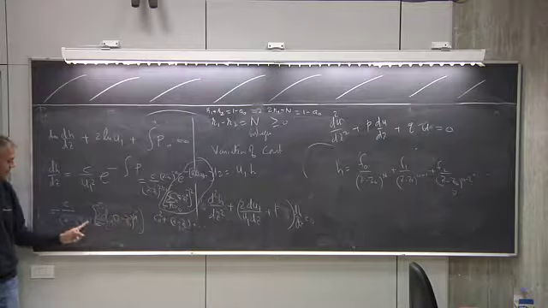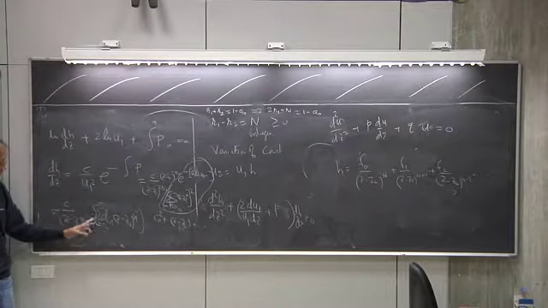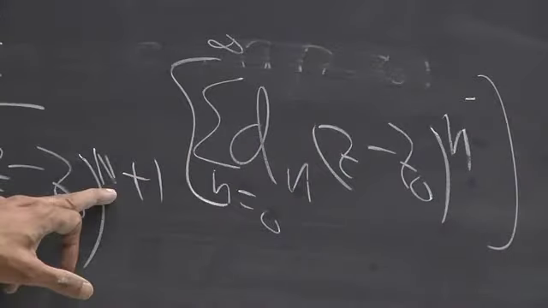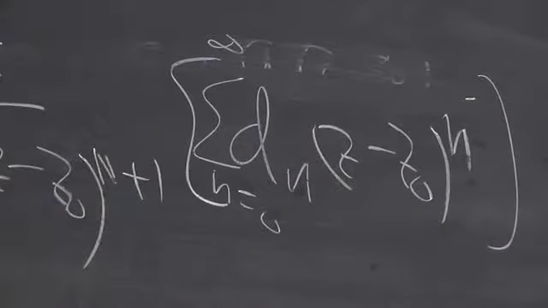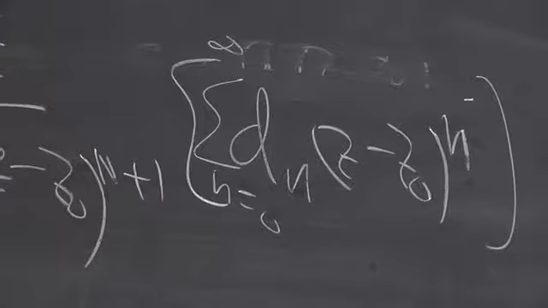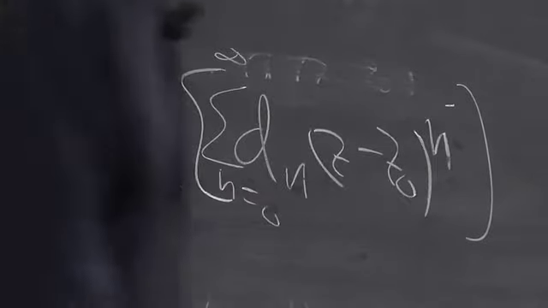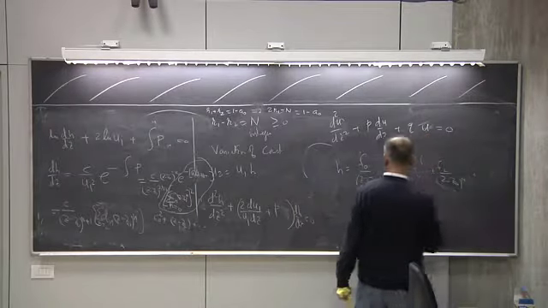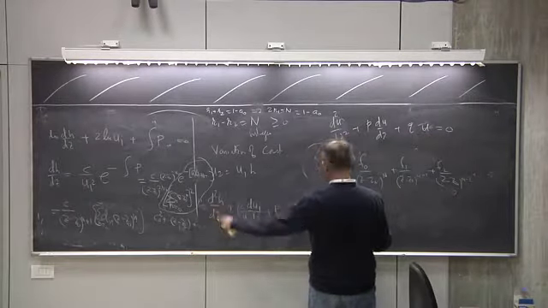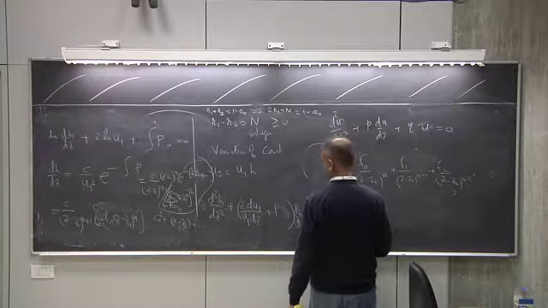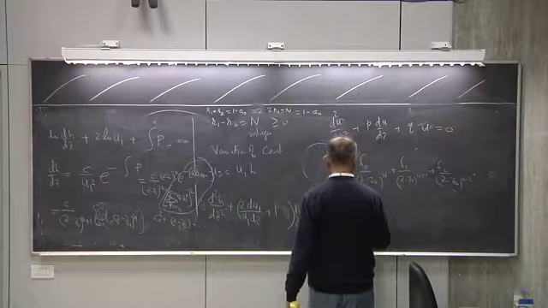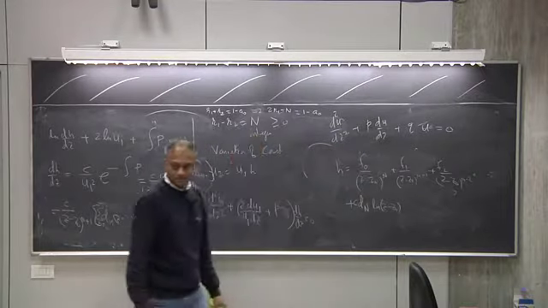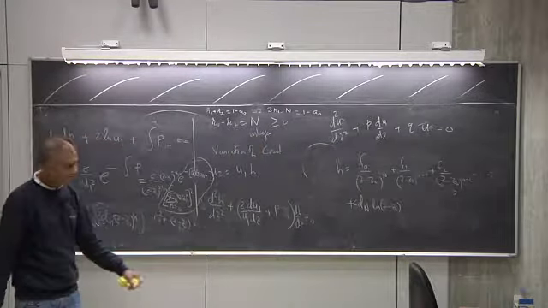In that case, Z minus Z0 to the capital N cancels with these powers, and you're left with 1 over Z minus Z0. The integral of that will give you a log. So there is a term, which I can write explicitly, coming with D capital N: a constant times D capital N log of Z minus Z0. That's a new term.